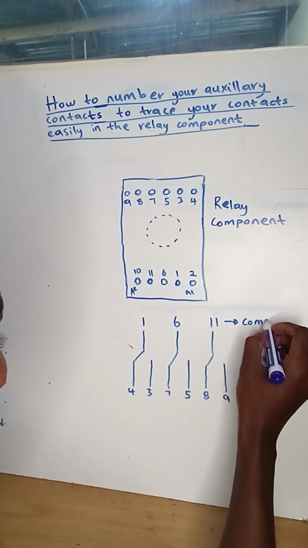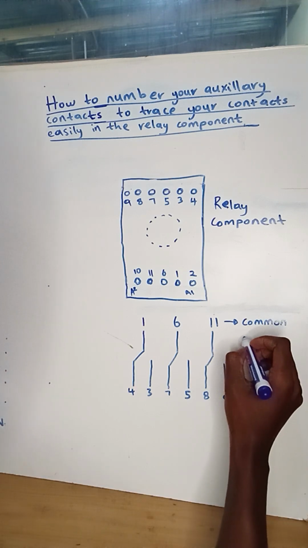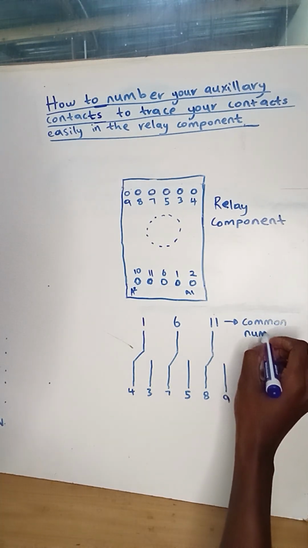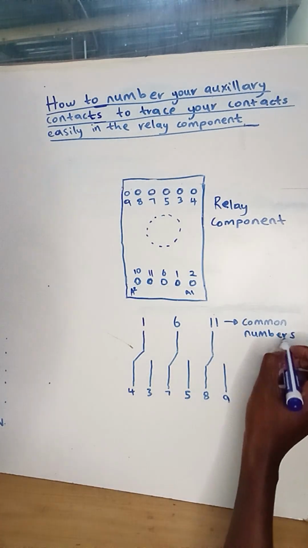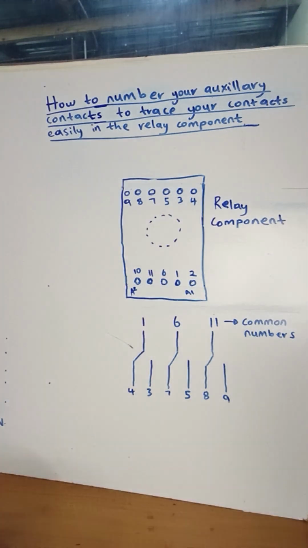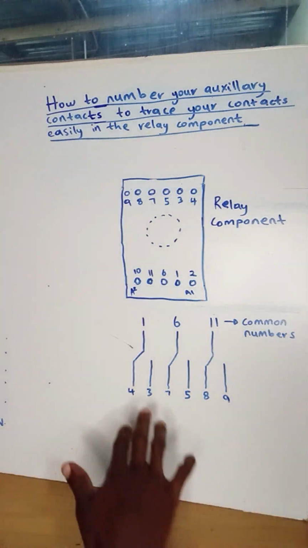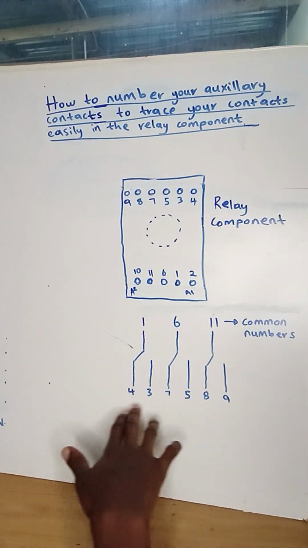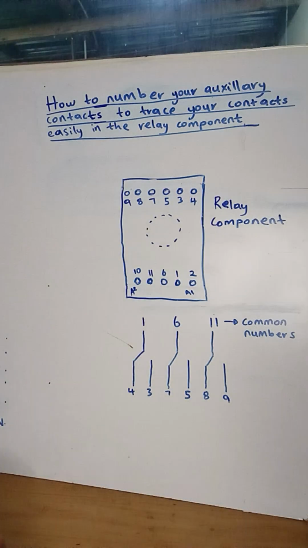Those are our common numbers. And our bottom numbers, those are our auxiliary contacts.